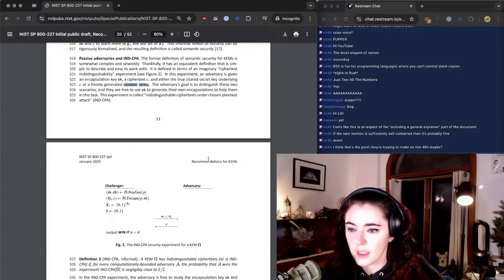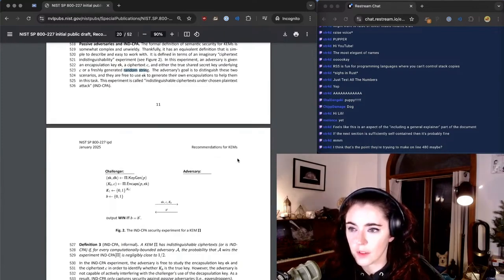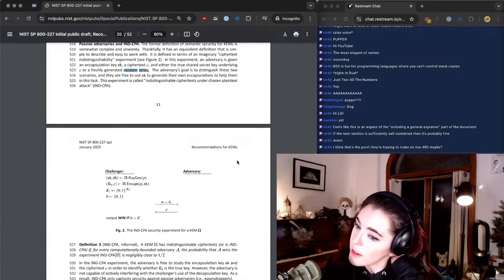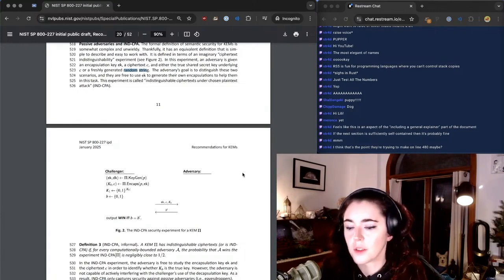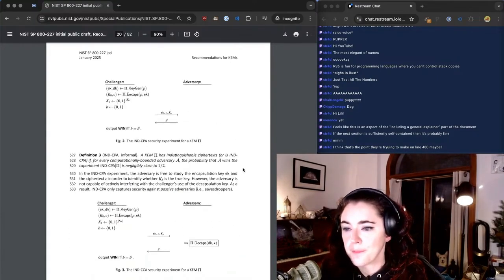Yep. So basically the adversary is able to say, hey, decrypt this, encrypt this, and they have to be able to distinguish between what you actually gave them, as opposed to a chosen ciphertext attack. That's a terrible way to describe it, but yeah.